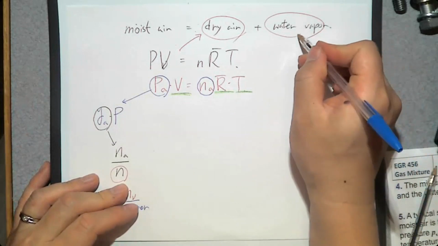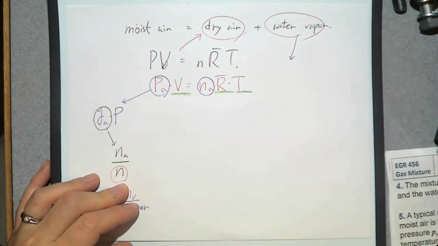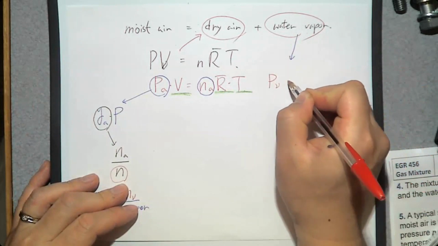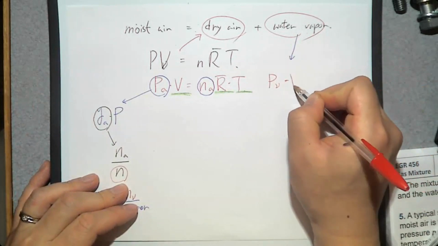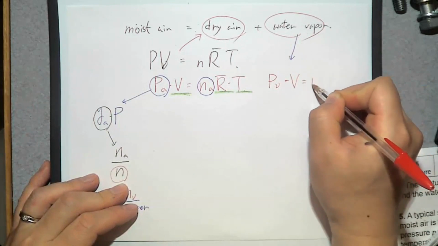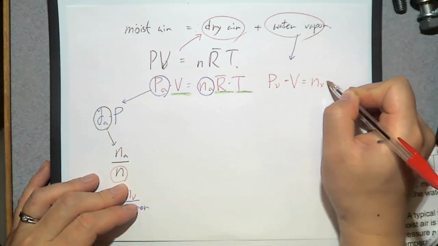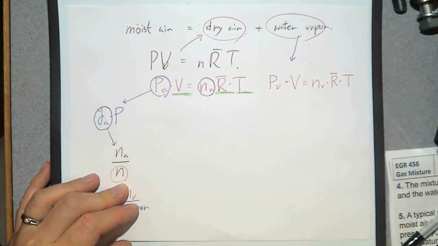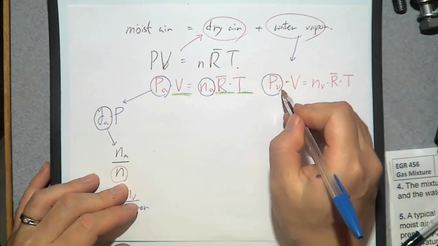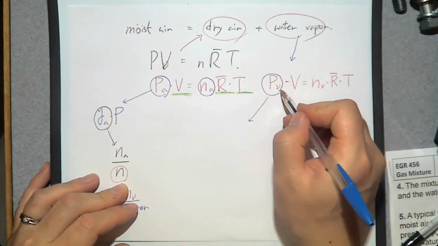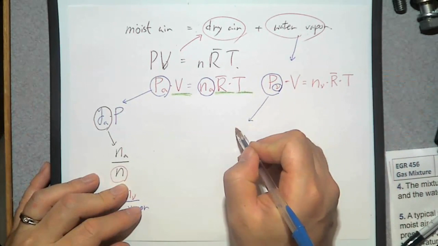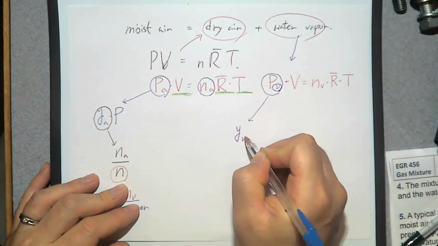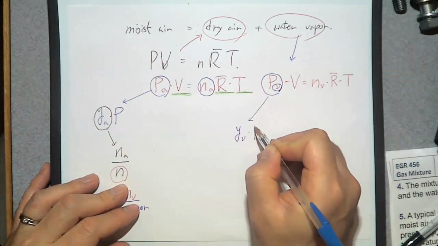On the other hand, if we want to use water vapor, then it's going to be PV, times volume, is the number of moles of water vapor times gas constant times temperature T. In this case, this is the partial pressure of water vapor, which can be determined by the mole fraction Y of water vapor times the mixture pressure.